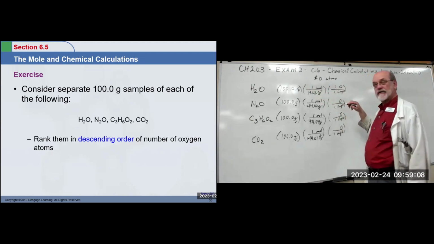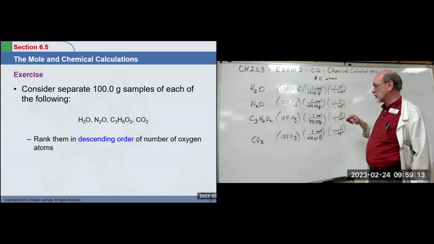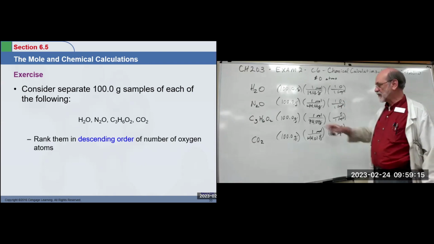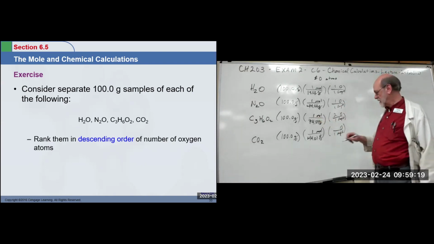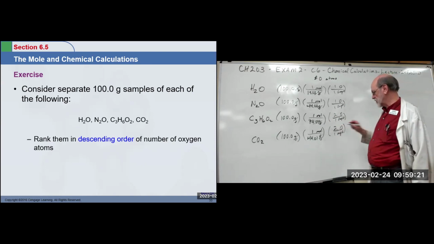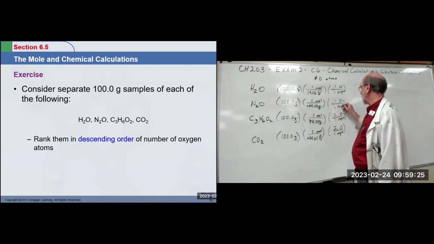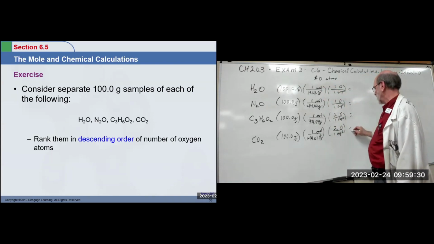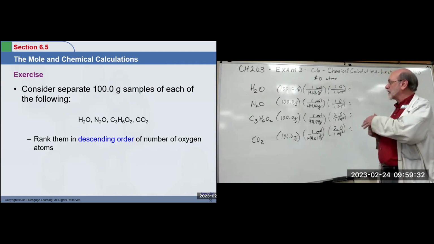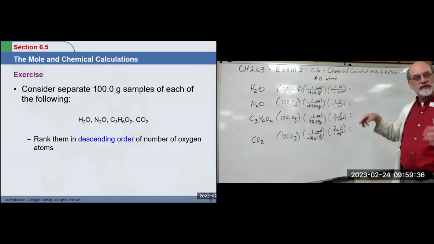For a dinitrogen monoxide or nitrous oxide, laughing gas, we got 1 oxygen per molecule. How about propionic acid? We got 2 oxygens per compound. And CO2, we have 2. Right? So that takes out the compounds and leaves us with oxygen. Now we can calculate the moles of oxygen in each one of these samples and put them in order.